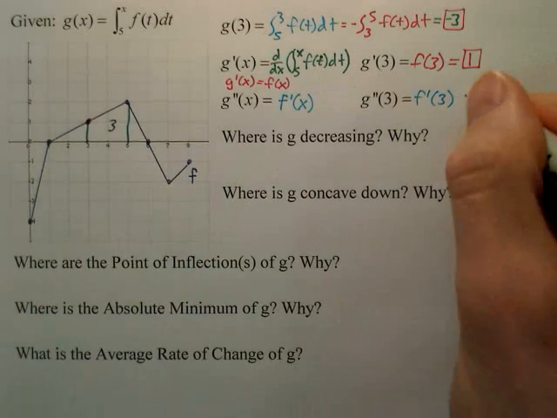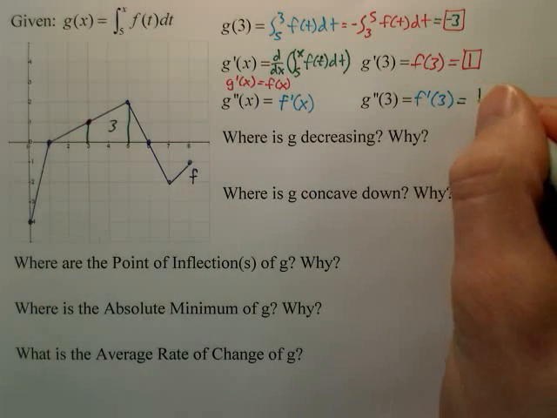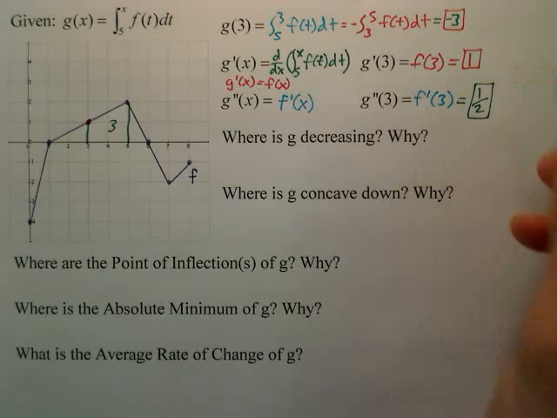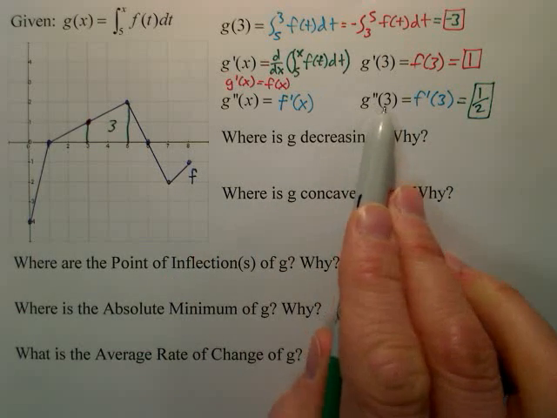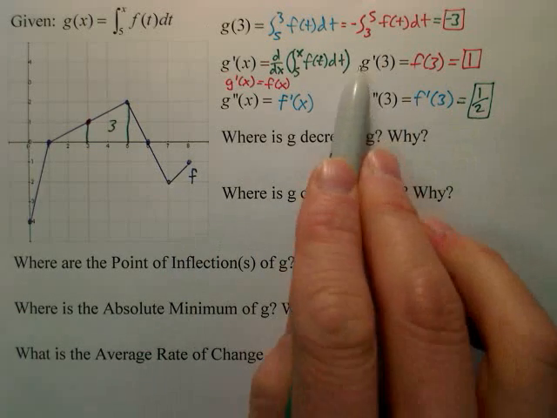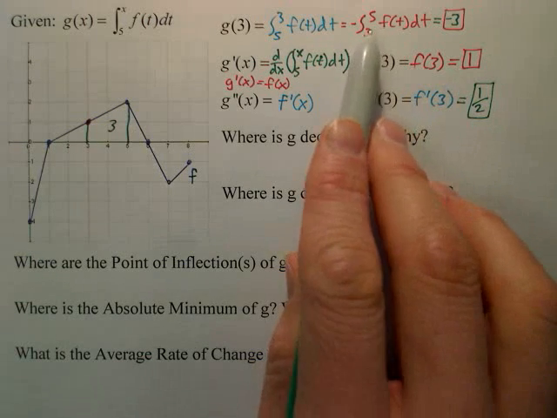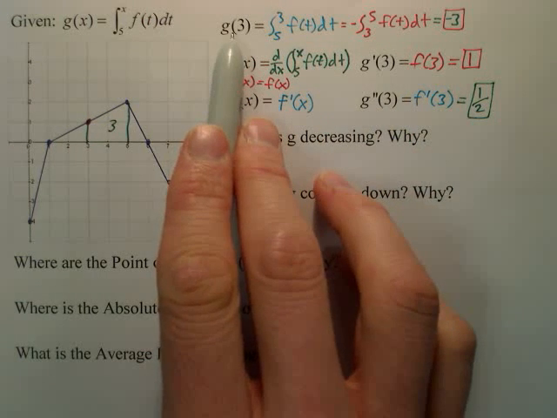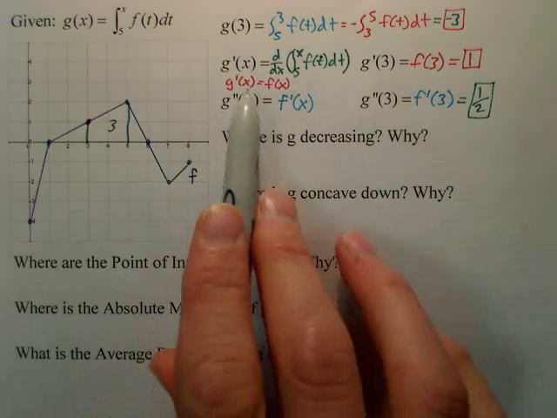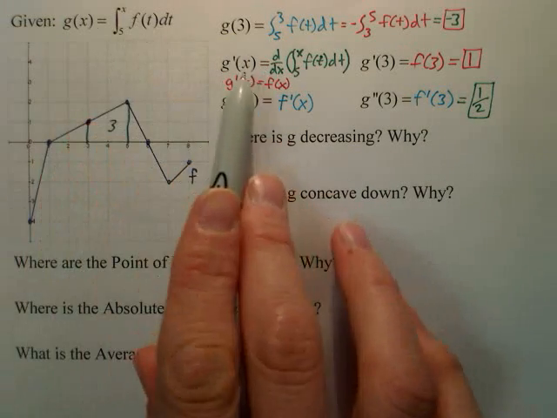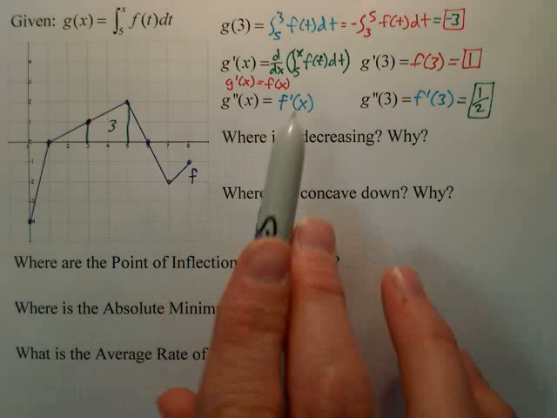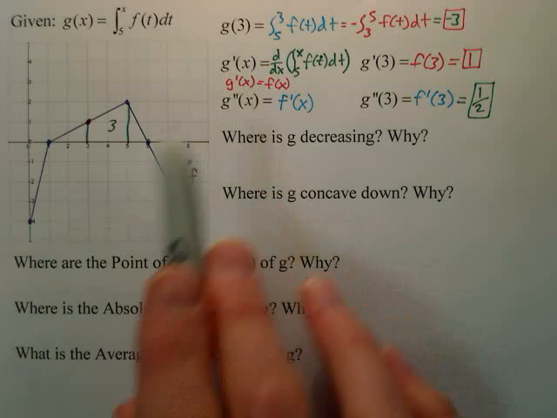So my slope is 1/2. So the second derivative of g at 3 is 1/2. The first derivative of g at 3 is 1, and this right here was just the function at 3. So the key here is noticing this and then deriving it and then deriving it again. And once you know these two things, you're doing really well.